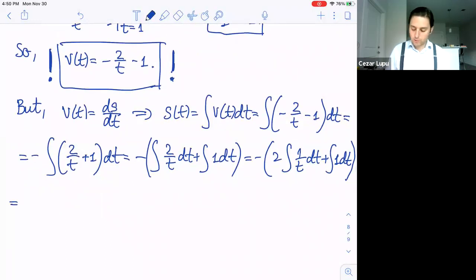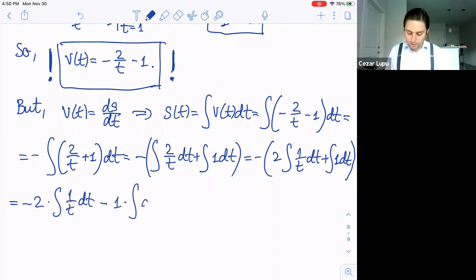All right, let me write it like this. It will be negative 2 times the integral of 1 over t dt minus 1 times the integral of dt.